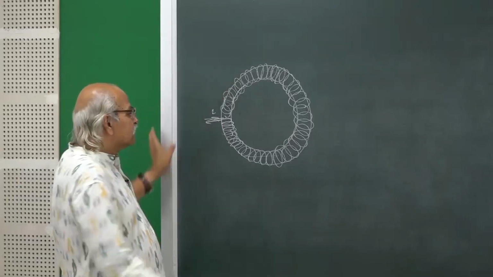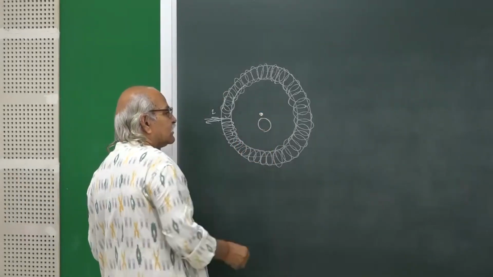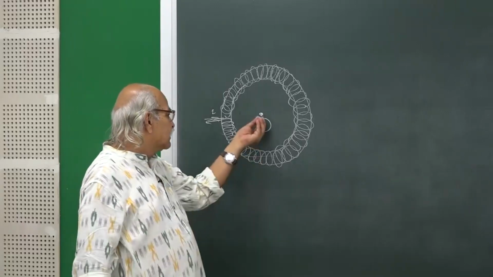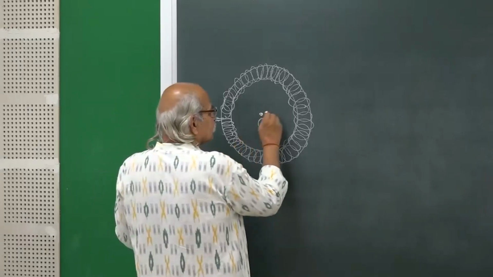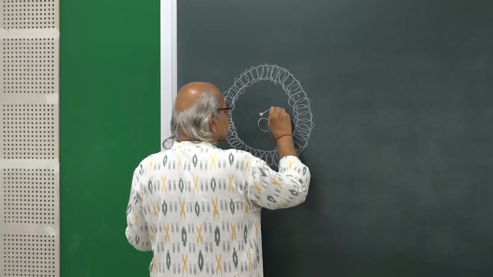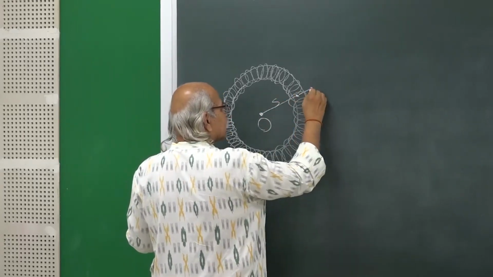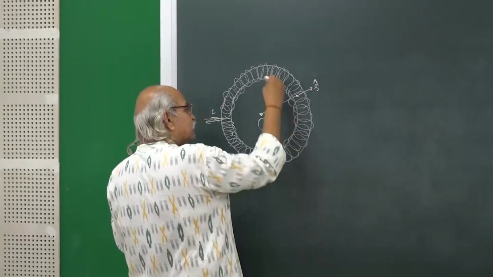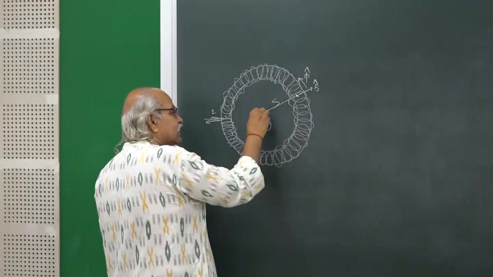So, if I take this as the origin, and our z axis is perpendicular to the board, and I am somewhere here, then this length is S, this direction is S cap, this is phi cap, and this is Z cap.